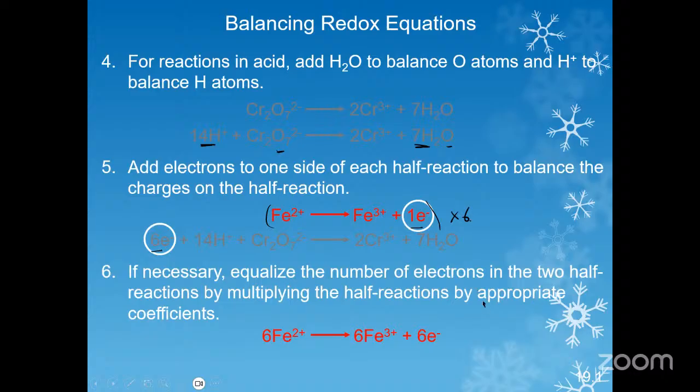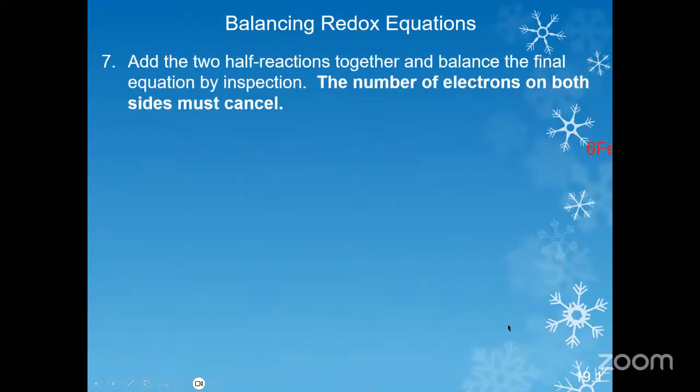The next step is we add this equation to this equation, and when we do that, we cancel out the common items on both sides. In this particular case, the common items would be the electrons, because you have 6 electrons being lost here and 6 electrons being gained here. So when you add these two equations together, the 6 electrons will cancel out on both sides.